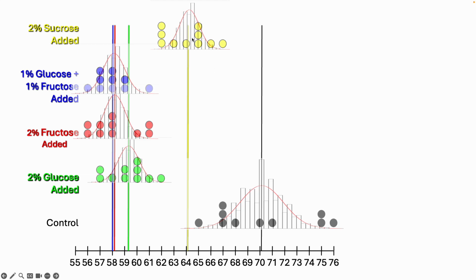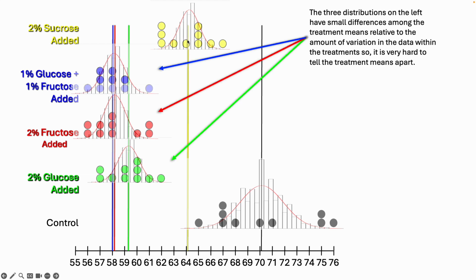So is the variation between this mean and that mean big enough to be noticed given the amount of variation within this sample and the amount of variation within this sample? So it really is about comparisons of variation. In the case of the 3 simple sugar examples, those means are all relatively close together relative to the variation in the distribution of sample means.